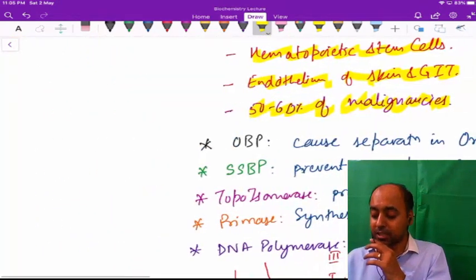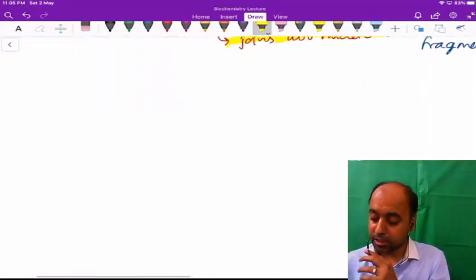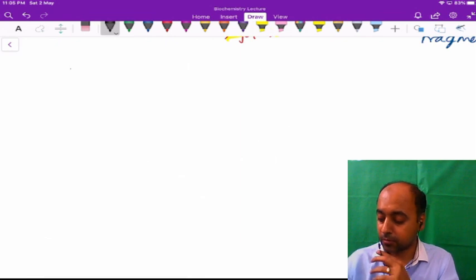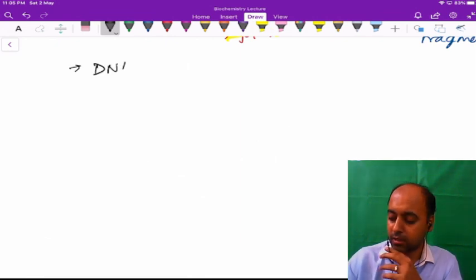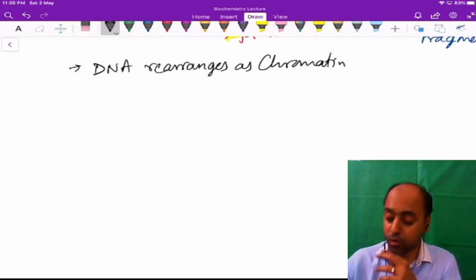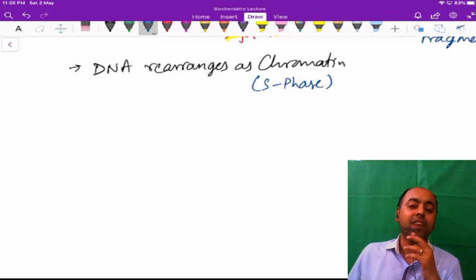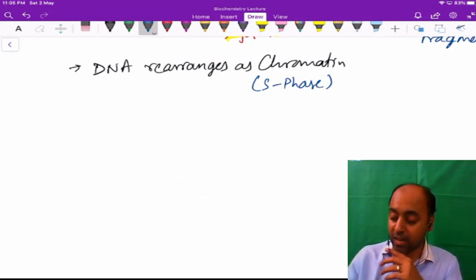Once the replication is completed, please remember the DNA must rearrange as chromatin. Why? Because replication is occurring in the S phase, and if you recall, only in the M phase, the mitotic phase, do we have the chromosome. In all other phases we have the chromatin.